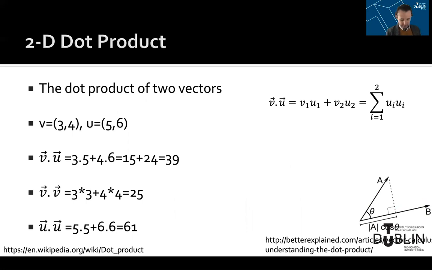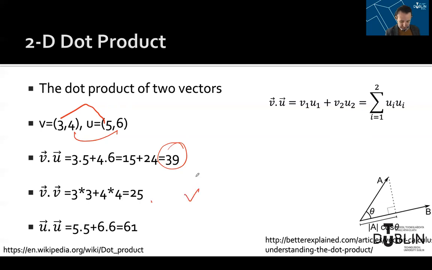Now, simple dot products. v is 3, 4, u is 5, 6. So now we have u dot v is equal to 3 times 5, 4 times 6. Add them together, and you end up with a number. Just keep that in mind, a number. v dot v, the dot product of itself, is 3 times 3 plus 4 times 4, which is 25.